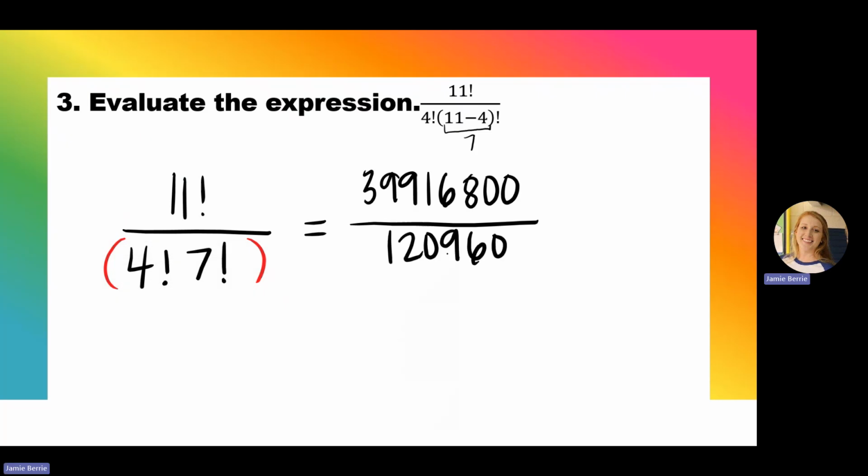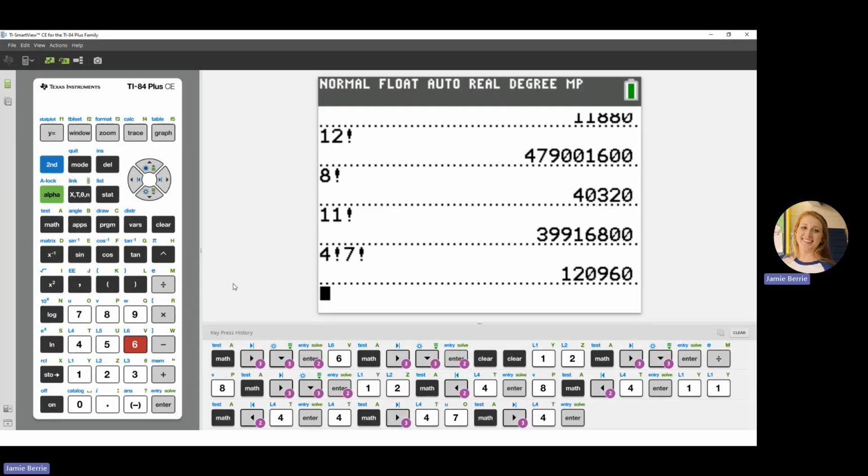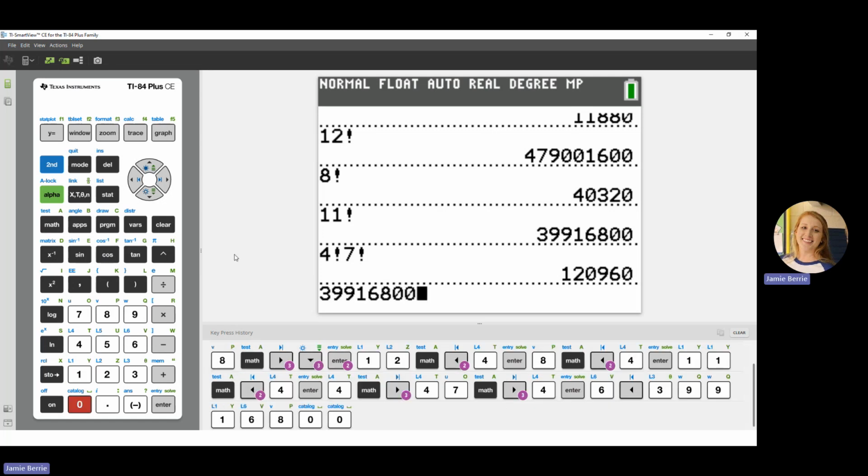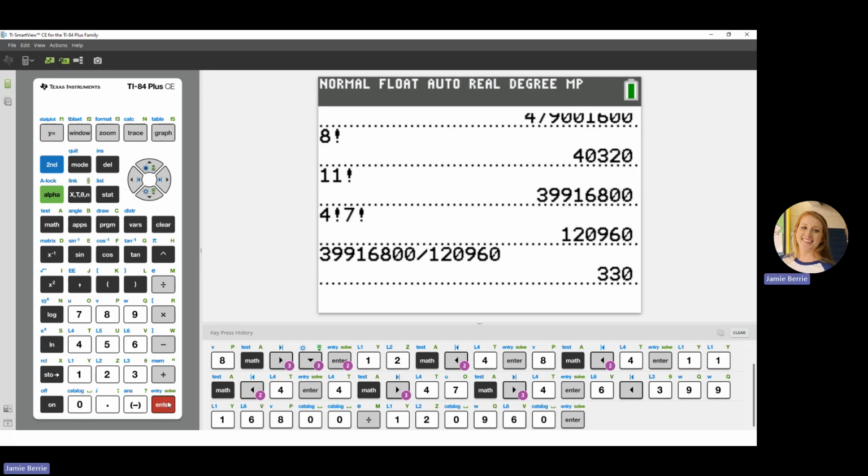And then if you divide those, 39,916,800 divided by 120,960 is 330.